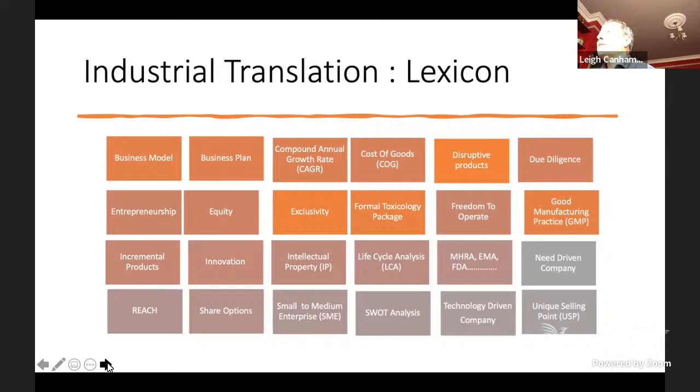Freedom to operate means that they're actually legally able to develop a product in a particular country. And you might find that some startup companies have freedom to operate in one country, but not another, because of the intellectual property position.